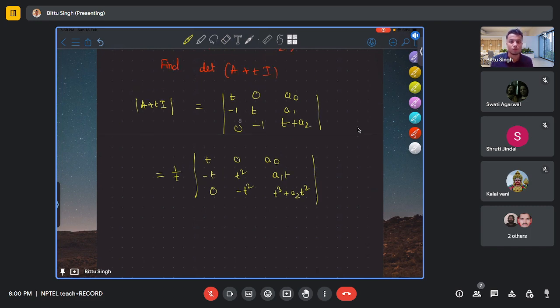So the determinant is now t square times the previous. That is why we need to divide it by t square. So 1 by t cube times this is the same as, now we can use the row operation, that is r2 plus r1. If we do this, then it will become t, 0, a0.